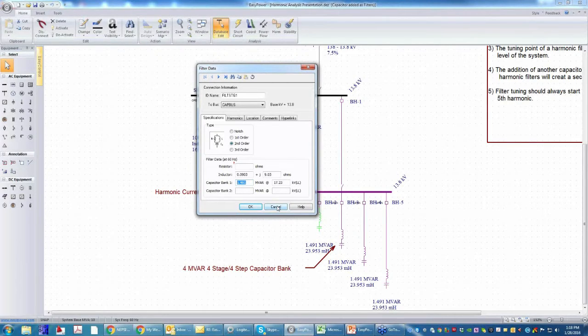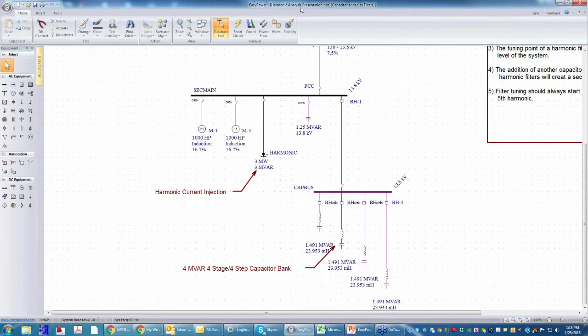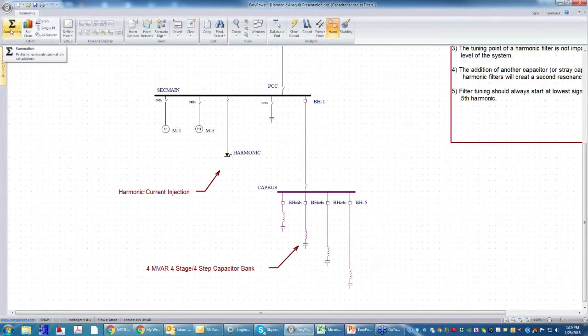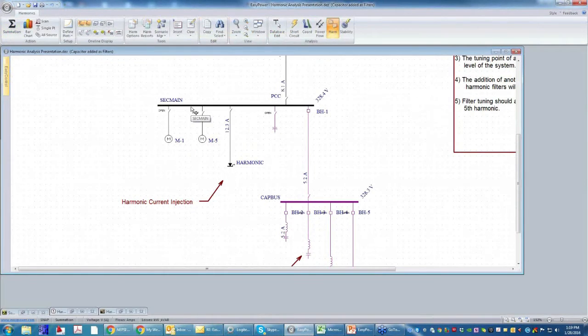So let's talk about what EasyPower provides in terms of output. When you run an EasyPower case and you do a summation all, basically we're looking at the harmonic current flow throughout the system for all the current injections throughout the system, and we're looking at voltage distortion and so forth.